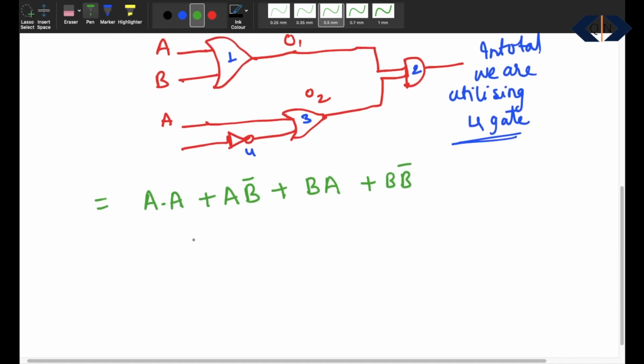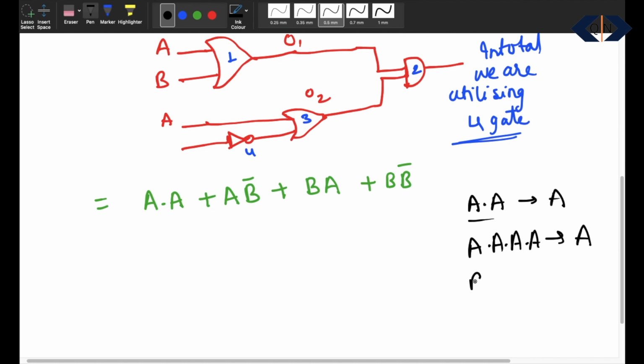From here, do you see any pattern? Do you remember, we told you that A dot A is what? It is always A. It means you can multiply A multiple times, and it will always result in A. While B dot B bar is what? It is always 0.